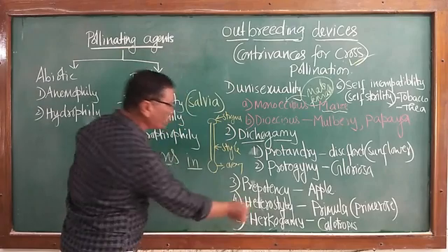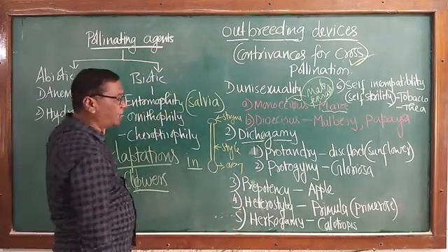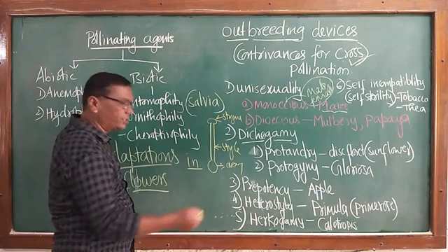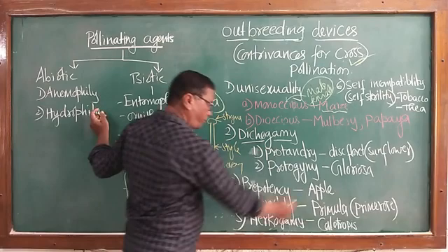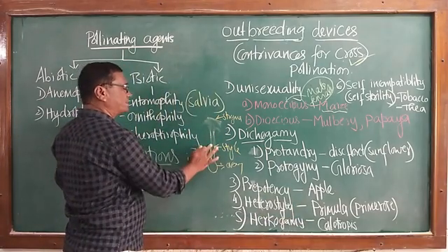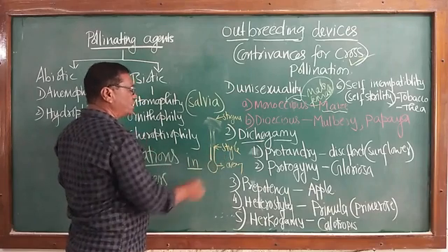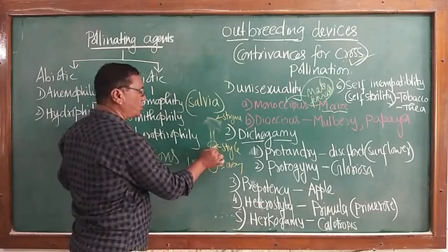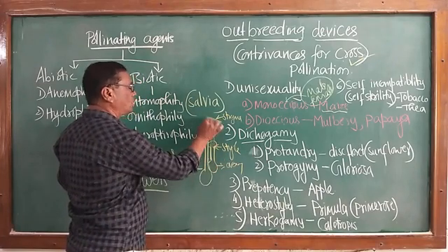Now, what is heterostyly? In some plants, such as primula or primrose, the length of the style is different. In some, the style is short. In some, the style is long.